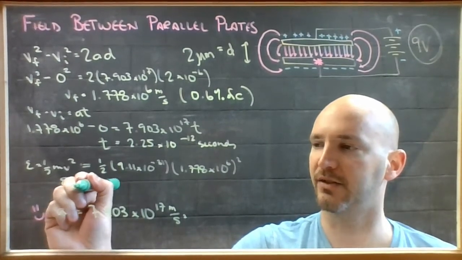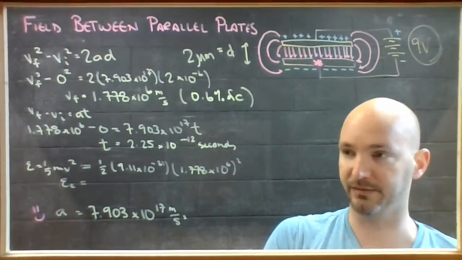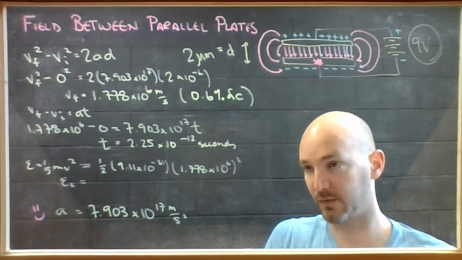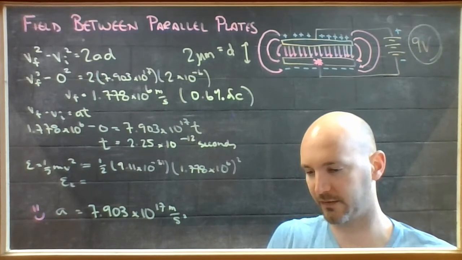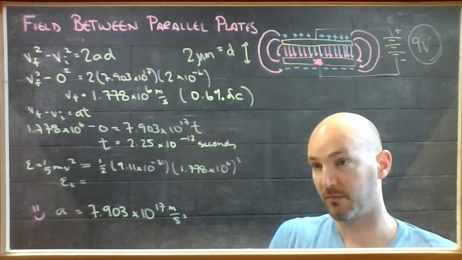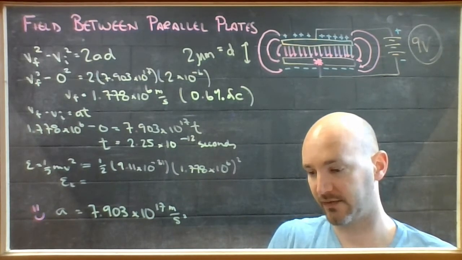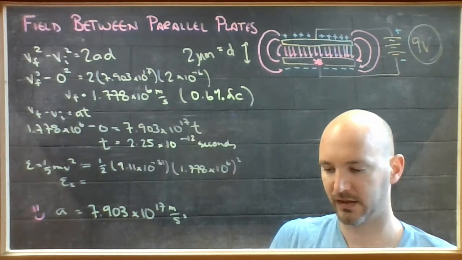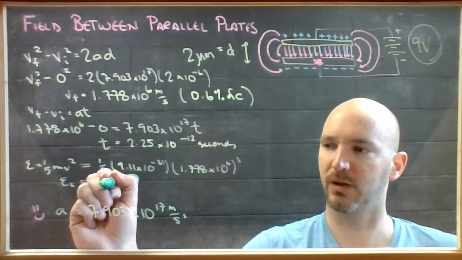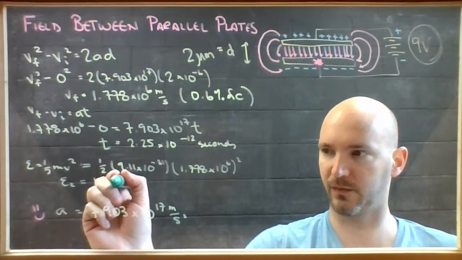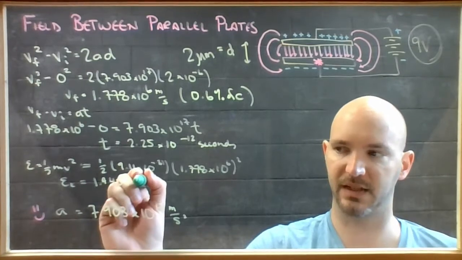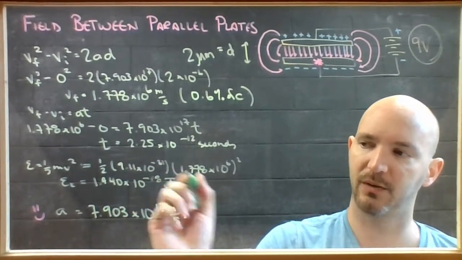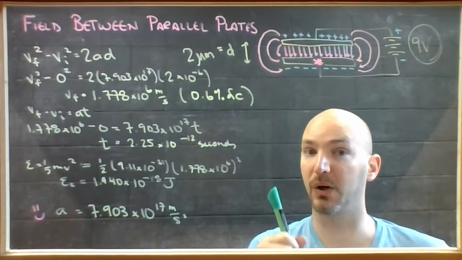So the kinetic energy in this particular electron would be 0.5 times 9.11 times 10 to the negative 31 multiplied by 1.778 times 10 to the 6 squared, which gives me 1.440 times 10 to the negative 18 joules per electron.